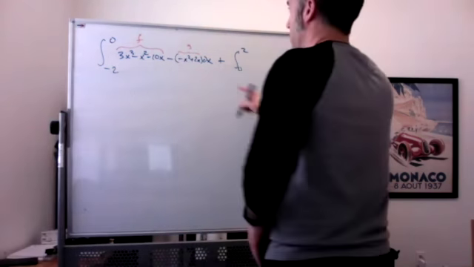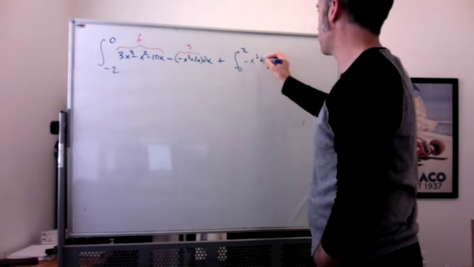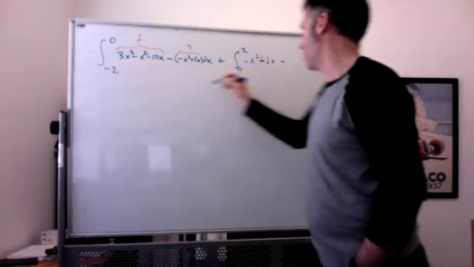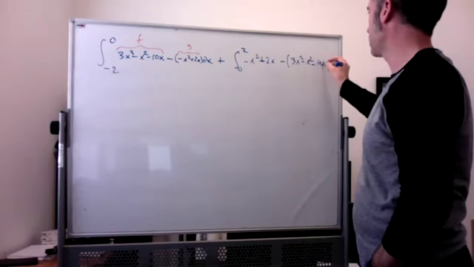So g minus f is just going to be -x squared plus 2x minus all of that, 3x cubed minus x squared minus 10x.